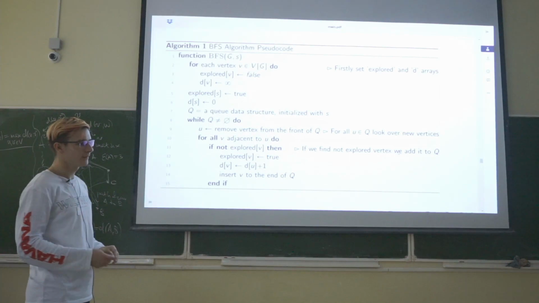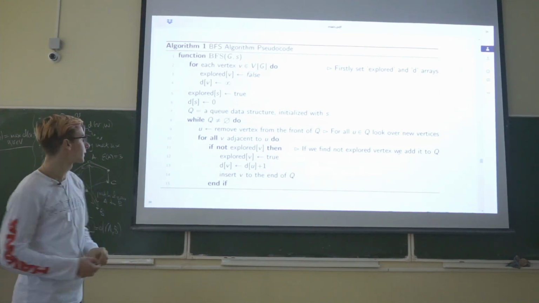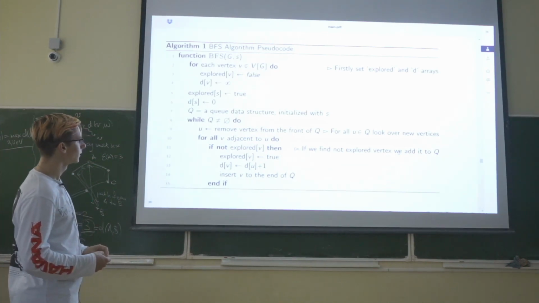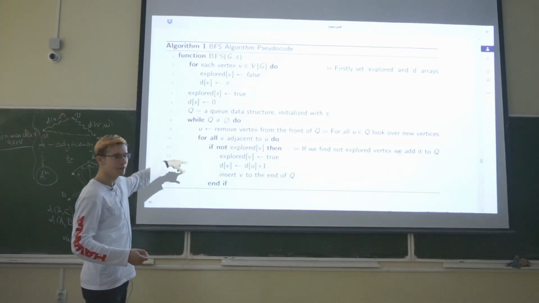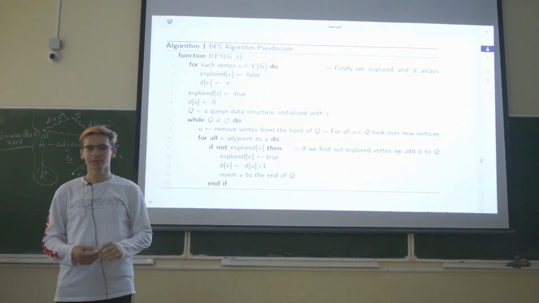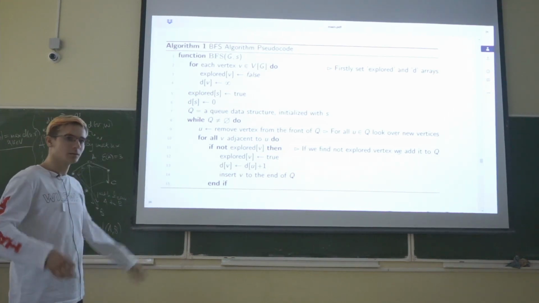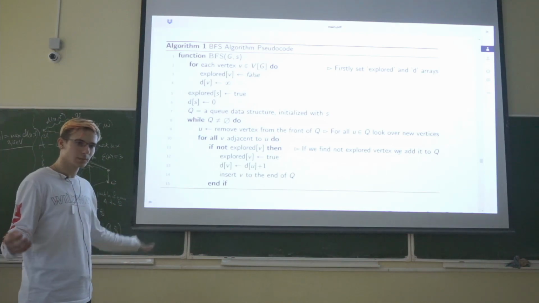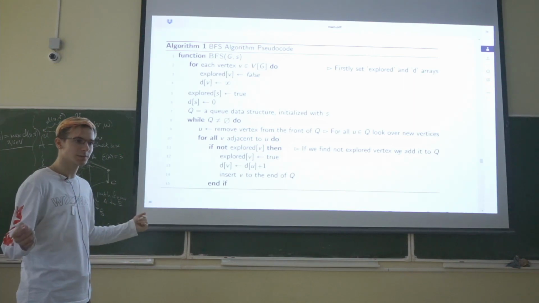It means that we don't know the distance between S and other vertices. And if vertex V doesn't appear in the next operations, it says that there is no path from S to V. And by definition, we say that if there is no path between S and V, we have infinity distance between them.